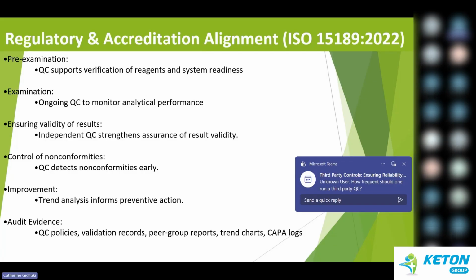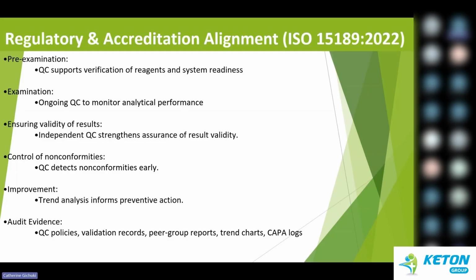During examinations, we are advised to continue using QC on an ongoing basis, and we'll be looking at the risks and how we make decisions on when and at what time to do QCs. The standard expects us to ensure the validity of results, that when we are giving out results, we have ensured the validity of those results.